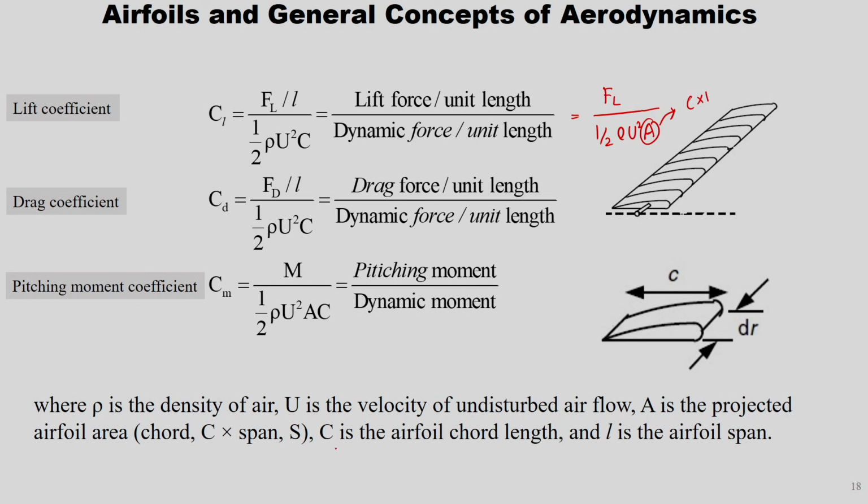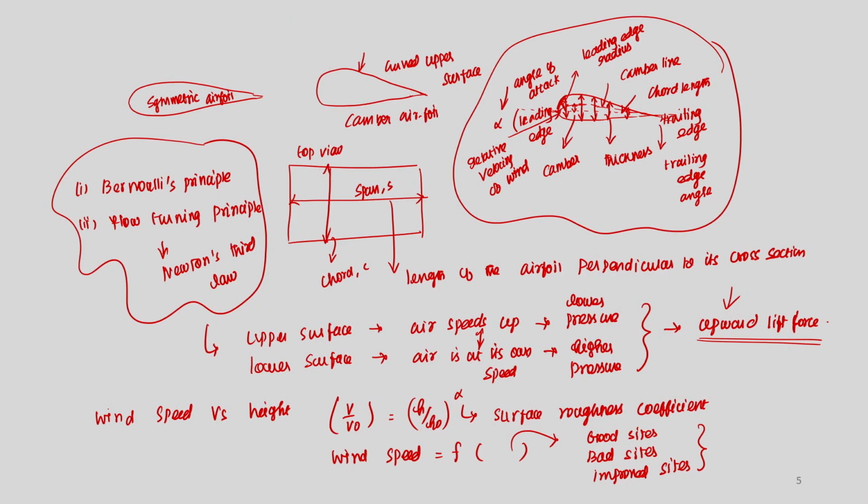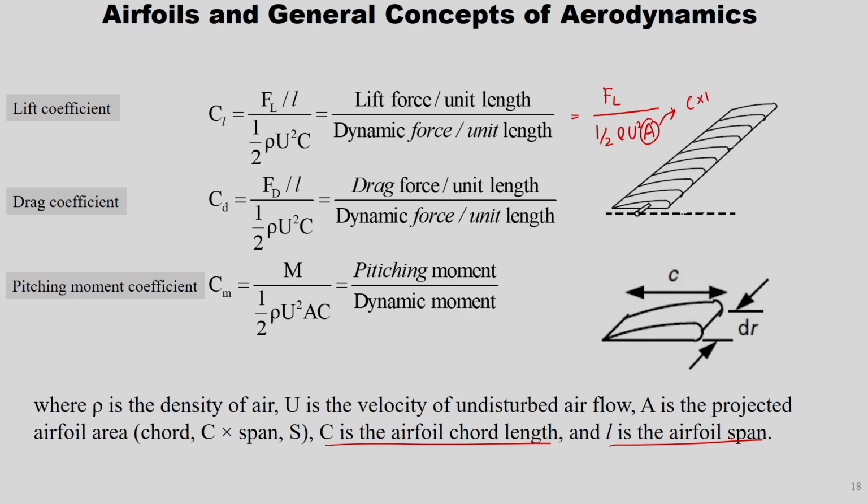What is C? C is the airfoil chord length, L is the airfoil span. I explained span and chord here. So, if you substitute area as C into L, C is given here and L is taken over there. That is just the way of representing it, right.